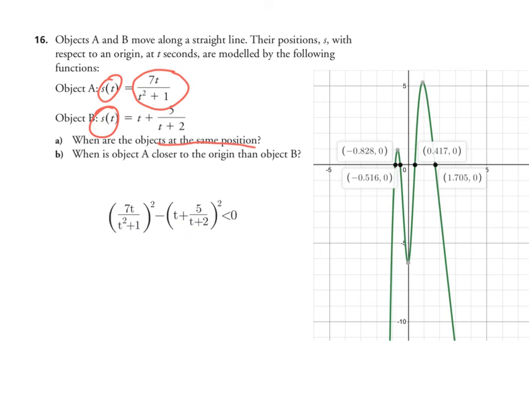So the only time it's not closer to the origin is between negative 0.828 and negative 0.516, and also between 0.417 and 1.705. And after that, this guy will always be closer to the origin.